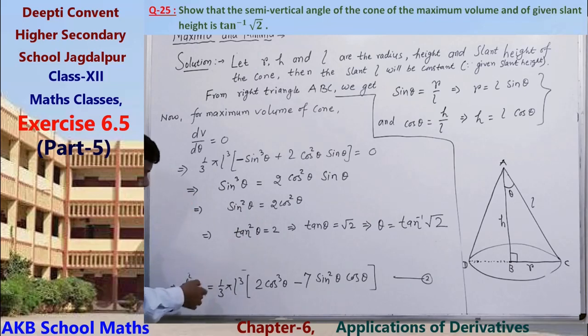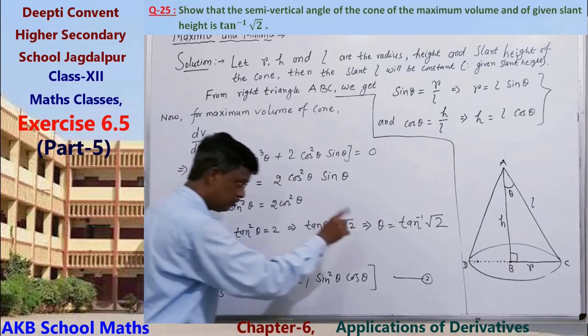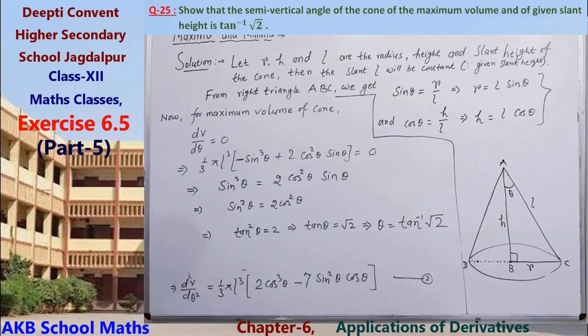If the second derivative is less than 0 for theta equal to this, so we have to check the sign of the second derivative.